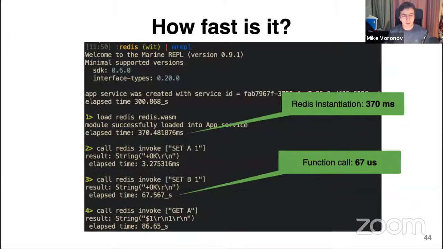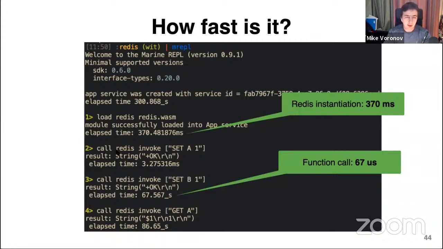So probably you could consider that it's a bit slow, because there is a lot of lifting, lowering, and so on. But here you could see an example of how fast Redis loading and calling a function is. Basically, Redis instantiation takes about 300 or 400 milliseconds. Instantiation here includes both the compilation stage and instantiation of exports and imports in Redis.